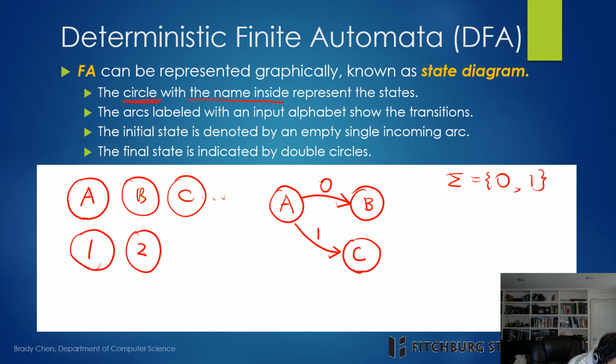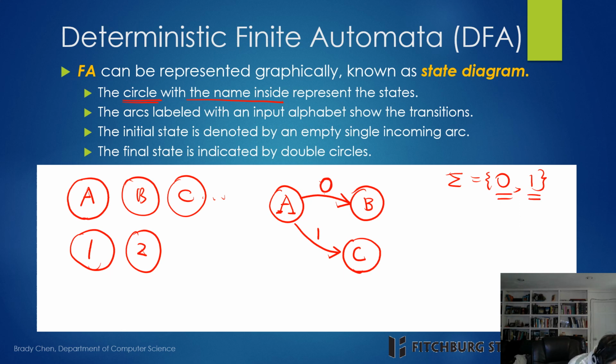This actually defines the transition. So the transition has two elements. One is the state, and the other one is the label. The label has to be one of the symbols defined in the set of symbols.